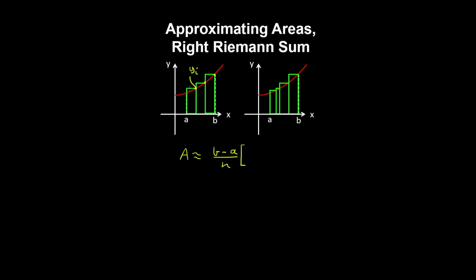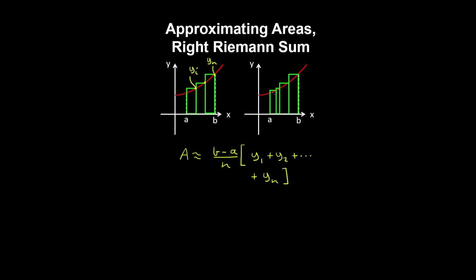So effectively we're summing up the area of each rectangle. So here we start with y1, and we end with yn. So as we can see, this here is the initial value, and this here is the final value where the rectangle touches the curve.